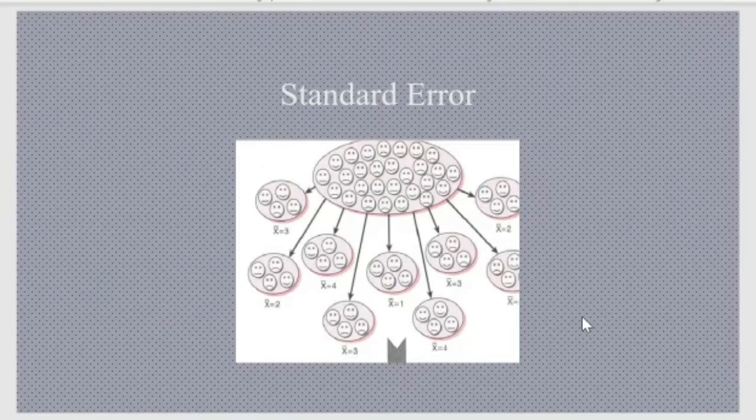Suppose there are 9 samples here from the same population. Now they have 9 different means. Now we can calculate one mean of the means, the mean of all the means.